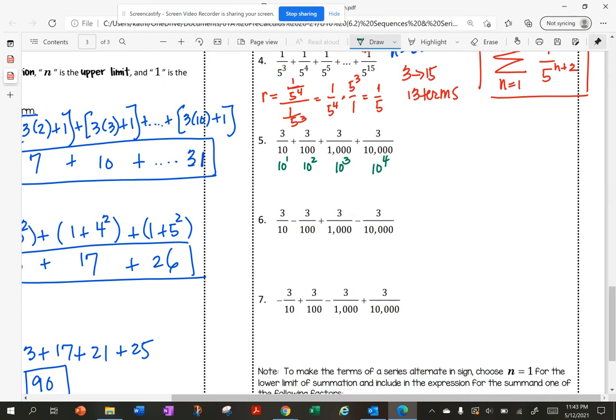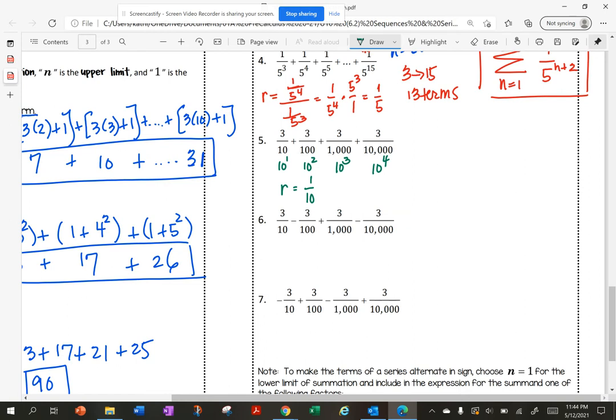So I can see my common ratio. I should be able to see I'm really multiplying by 1 over 10. If I need to, I could say my second term divided by my first term. I could do the math and still get 1 over 10, but I can see I'm just multiplying by 1 over 10.